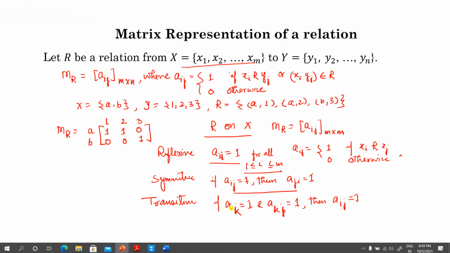So you have to check the ith row, and if you find in the kth column aik this element is 1, and in the kth row in the jth column an element is 1, then aij this element must be 1 for the relation to be transitive.